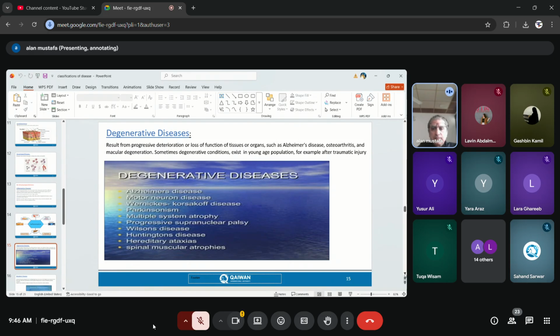A good example: when a child or a young boy or girl has a fracture of this bone and they put it in a cast, they don't use this muscle for, let's say, 6 weeks.